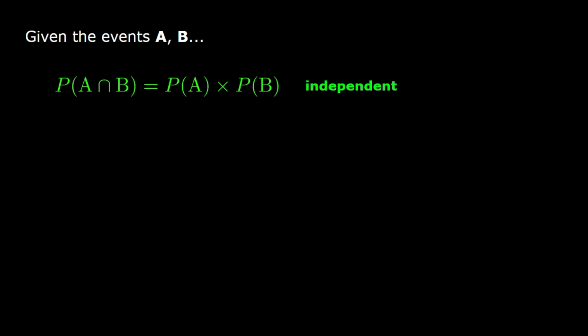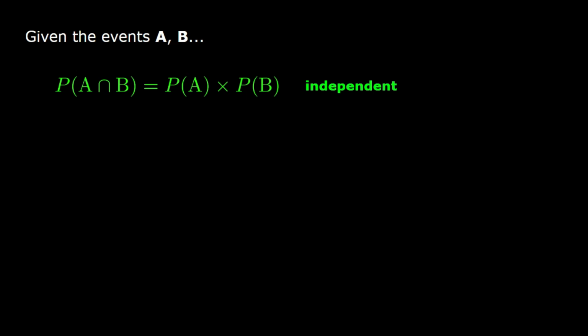Okay, to conclude this video, let's summarize all our formulas involving and statements and or statements. So if we're dealing with and statements, of course, that's the intersection of A and B, and the probability of the intersection of A and B, if you have independent events, is simply the two probabilities determined in isolation multiplied together.